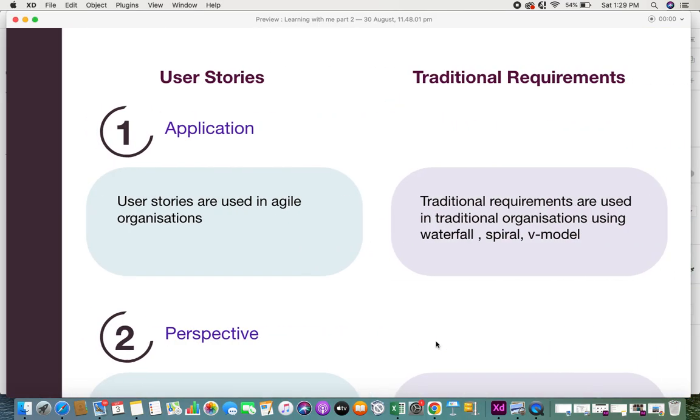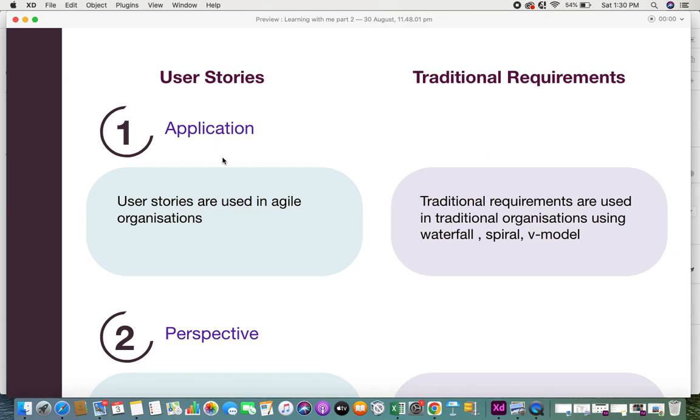So there are basically very few differences. Comparing, the very first difference is the application of user stories and traditional requirements. User stories are used in agile organizations. Mostly it's companies that follow agile practices that would adopt user stories.